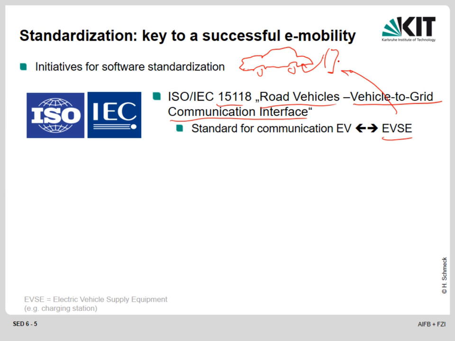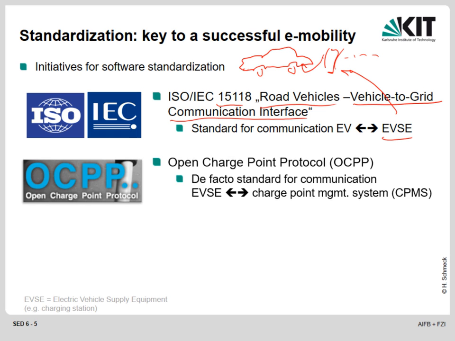the charging station, and behind that there is some back office system having information on tariffs, the situation of the energy system, and so on. And then you have the Open Charge Point Protocol, and that is for communicating between the electric vehicle supply equipment and, let's say, some house or some building, the charging point management system.